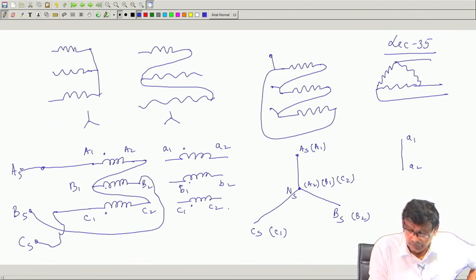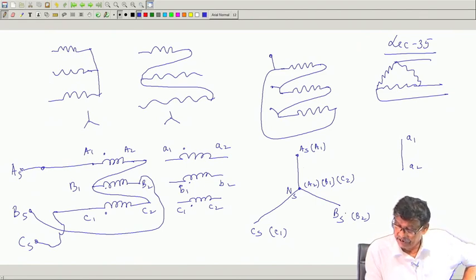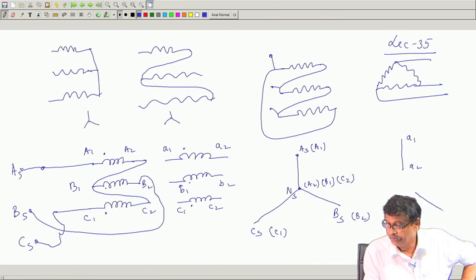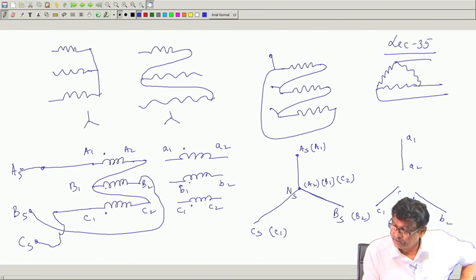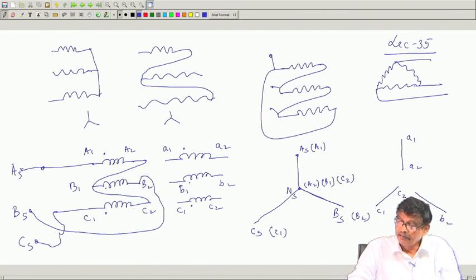For the second transformer you will have Bs connected to B2, you will have a voltage phasor parallel to this, B2 B1, that is what you will get, and here Cs is C1 C2 you will get.